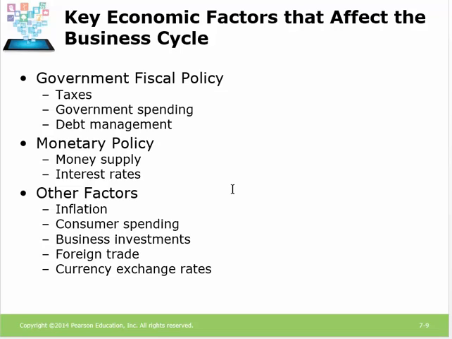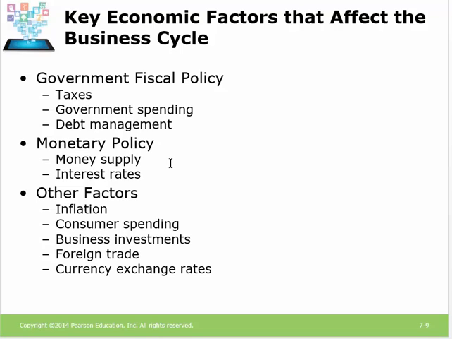How do they manage debt? We obviously know that the government spends a lot of money. Taxes and the taxation system is a very big question in our economy right now. And of course, debt is totally out of control when it comes to the government. So, all of those things have an impact on the business cycle itself.